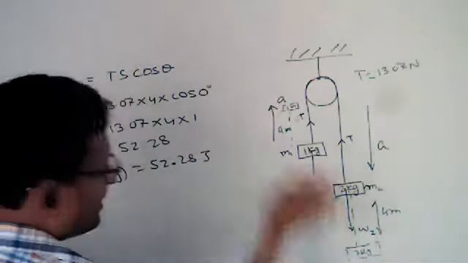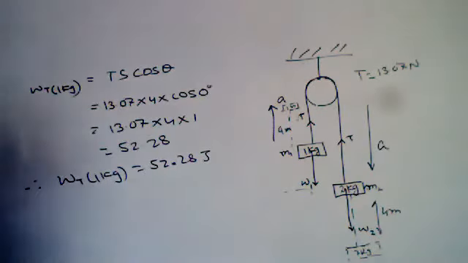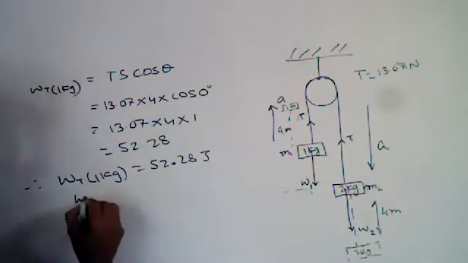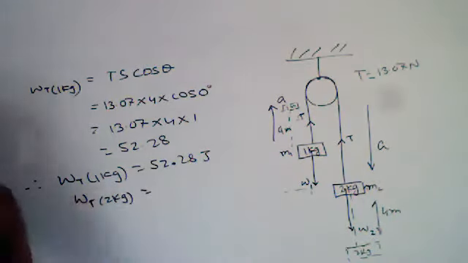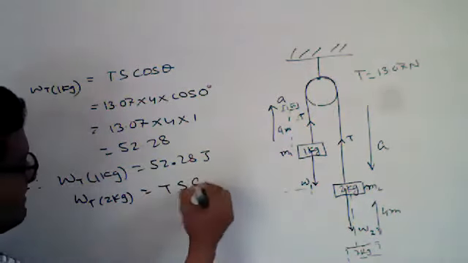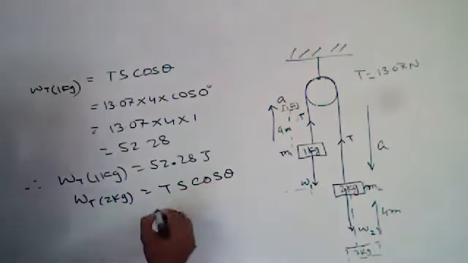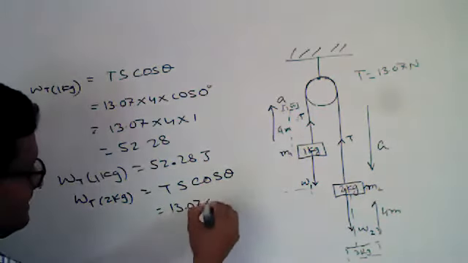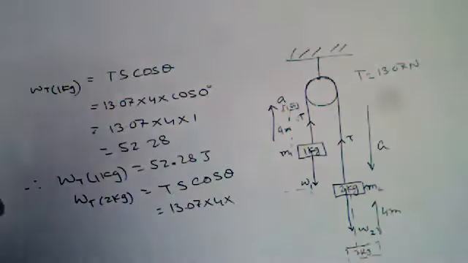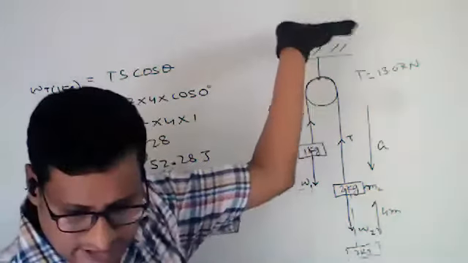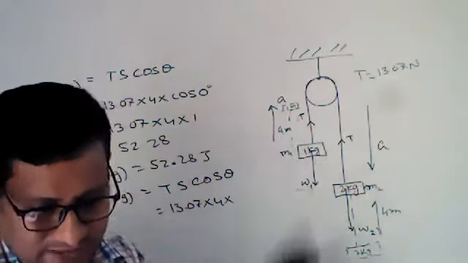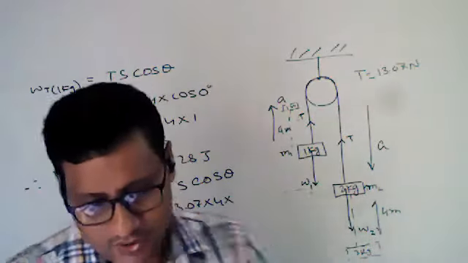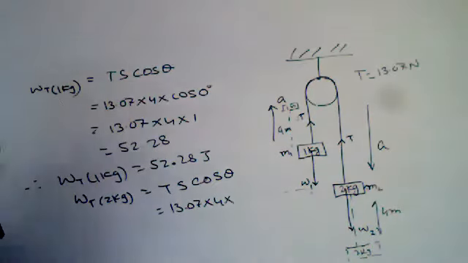In the same way, work done by tension force on 2 kilogram. It will be tension times displacement times cos theta. Tension is 13.07, displacement is 4, with cos theta. Here the tension is in the upward direction and displacement is in the downward direction. So the angle between the tension and displacement will be 180 degree.